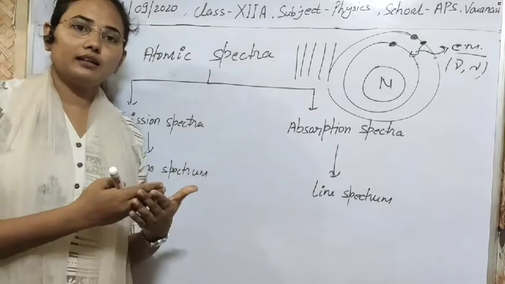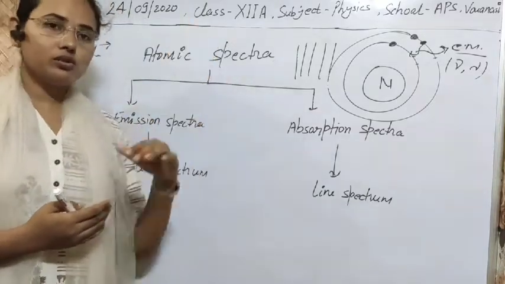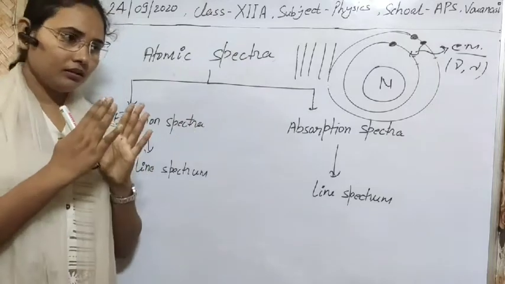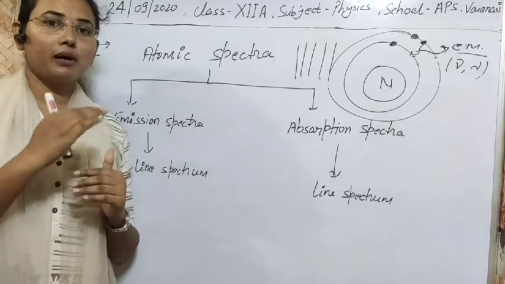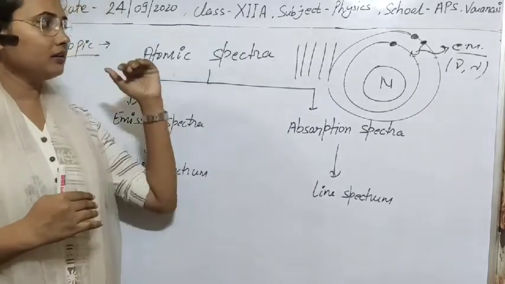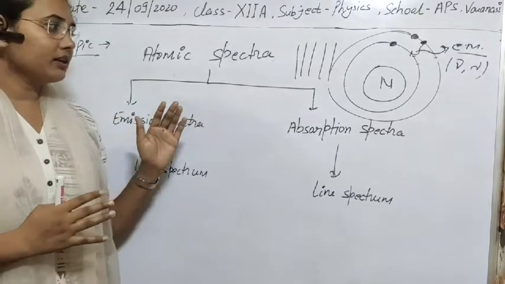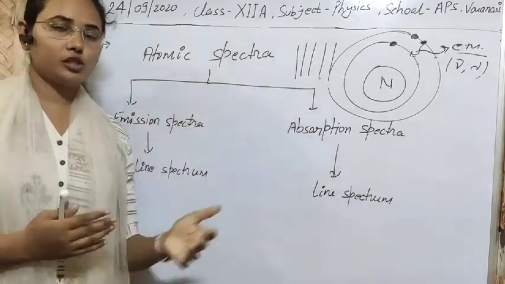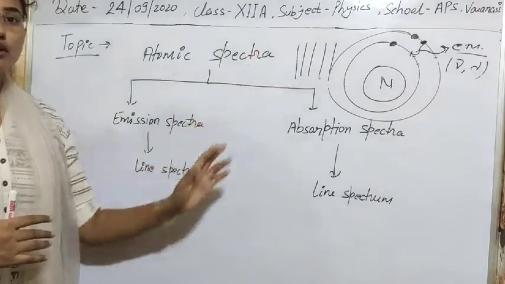If we take any molecule, definitely molecules also make transitions from higher to lower energy levels, and they also emit electromagnetic waves, and in that case we get molecular spectra. That is complicated, and I am not going to tell you about that.